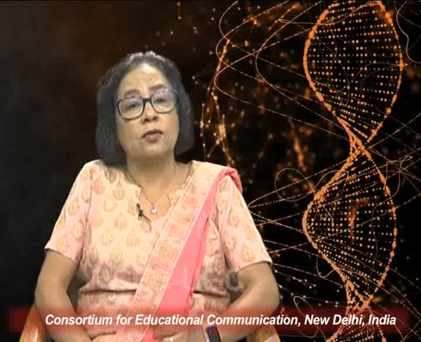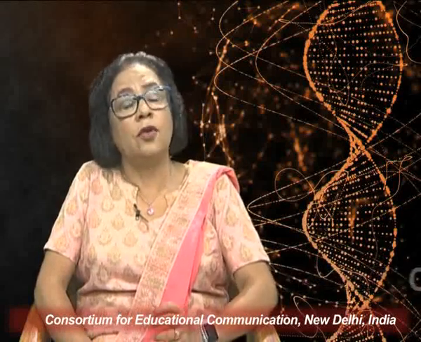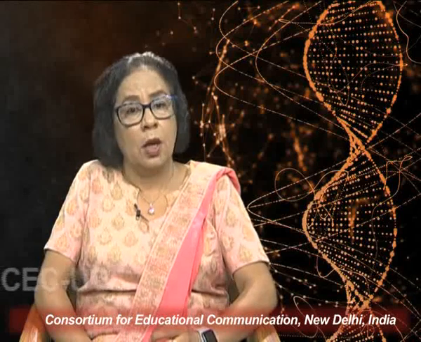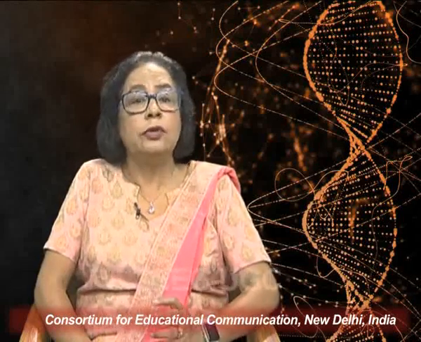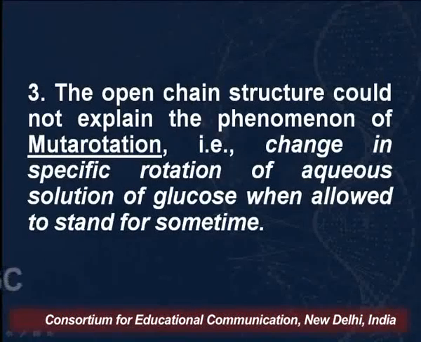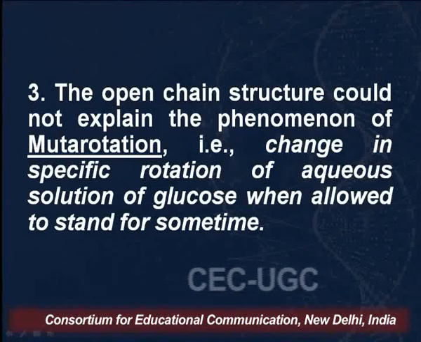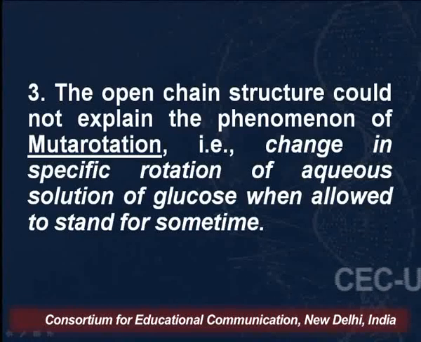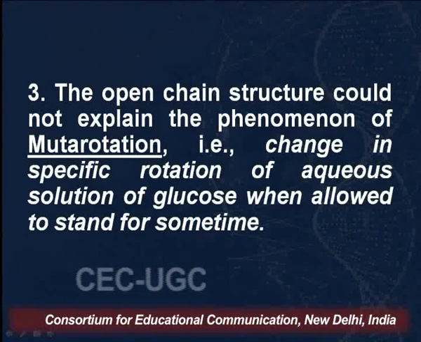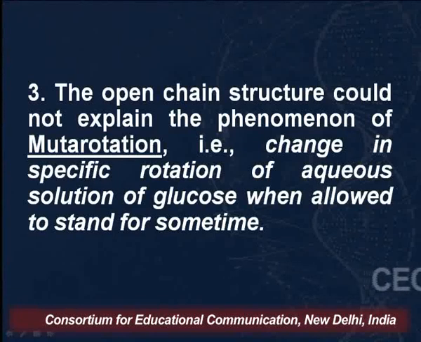And then what was found is that the open chain structure could not explain the phenomenon of mutarotation. What is mutarotation? Mutarotation is the change in specific rotation of an aqueous solution of glucose when allowed to stand for some time. You know what specific rotation is? Specific rotation is the rotation of an optically active compound, which has a tendency to change the path of plane polarized light, and this specific rotation stays constant over time.